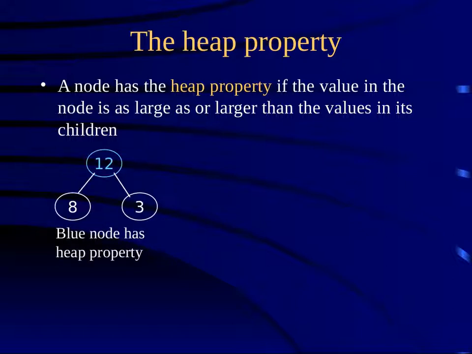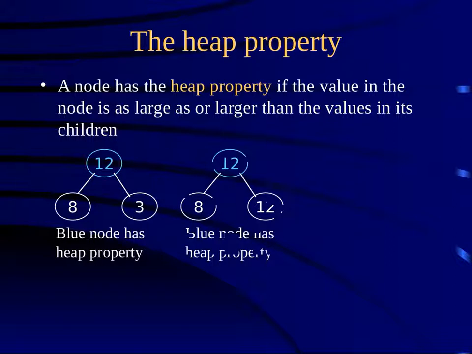So for example here, good, it has slide examples. 12 is greater than 8 and 3, so 12 has the heap property. Again, remember we're saying as large or larger, greater than or equal to, as children, so again this 12 still has the heap property.